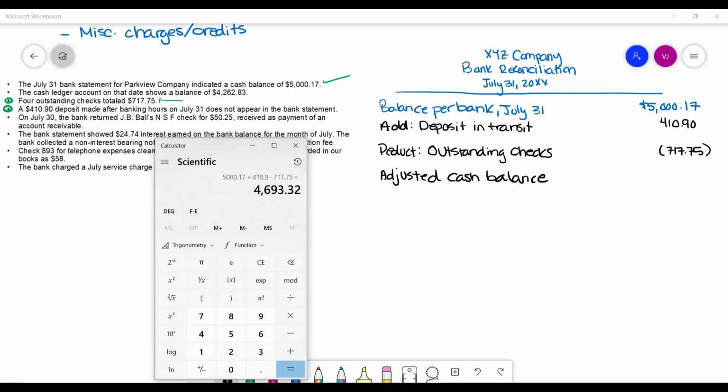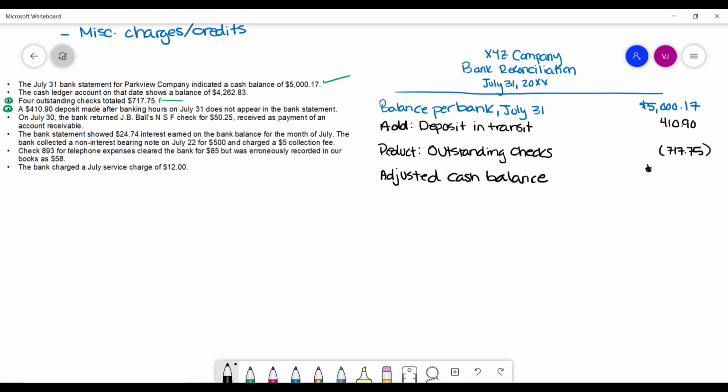So that leaves us here with an adjusted cash balance of $4,693.32. Okay, so our goal here is for this cash balance to match up with the adjusted cash balance when we're done adjusting the balance per the books.